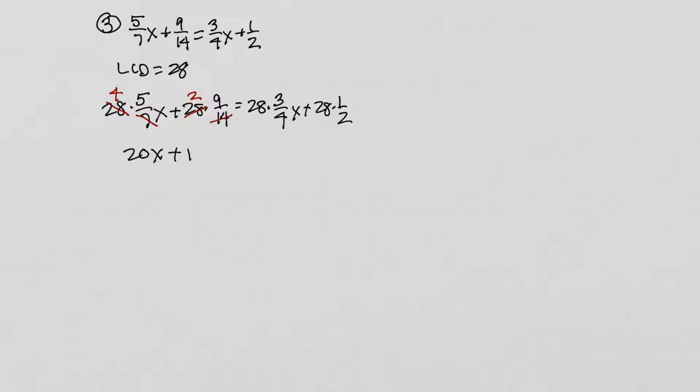So we're going to write 18 equals, now over here, 4 will go into 28 7 times, and then we've got 7 times 3x, so that gives us 21x, plus, and then lastly, the 2 will go into 28 14 times. We've got 14 times 1, which is 14.